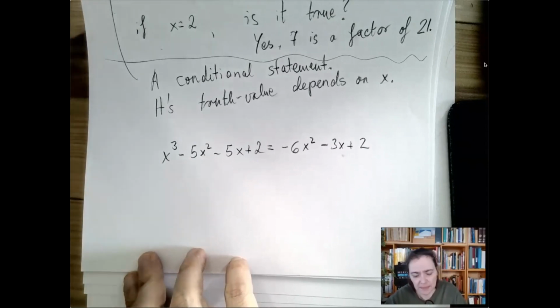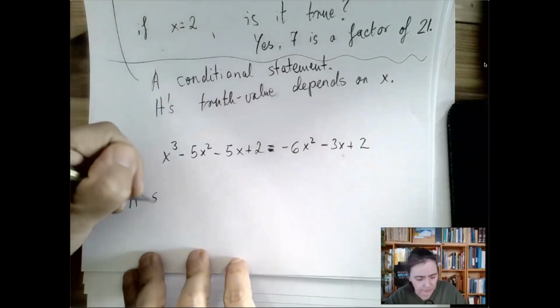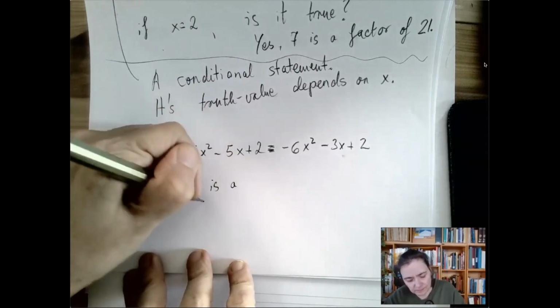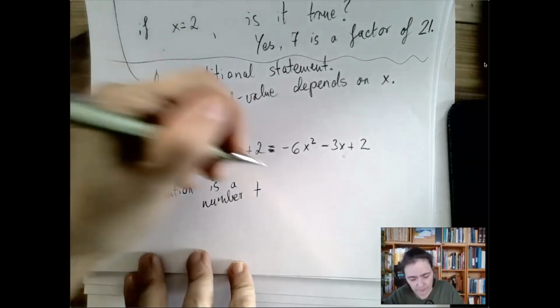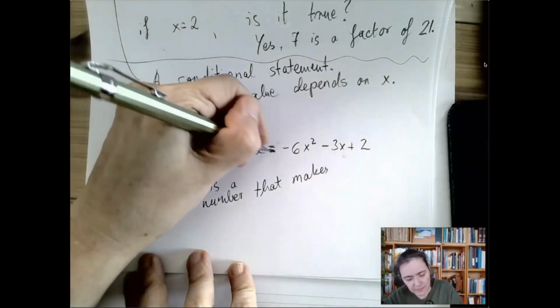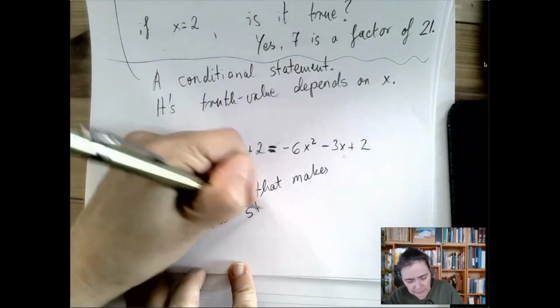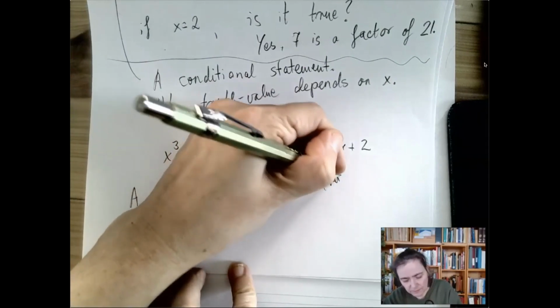So a solution is a number that makes the statement true. This statement, that those two are equal, makes the statement true.